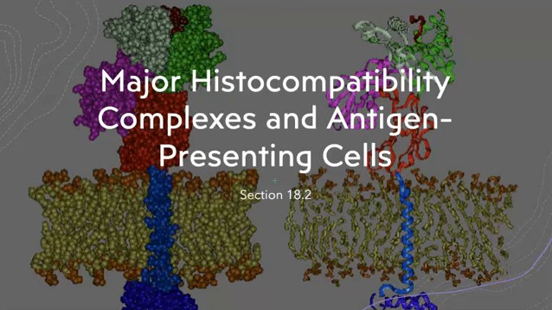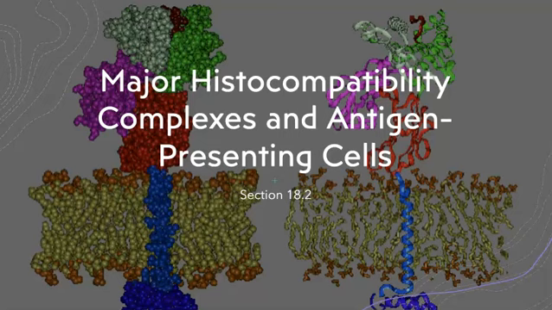Hello and welcome to our video lecture on section 18.2, where we will discuss major histocompatibility complexes and our antigen presenting cells. Now, these major histocompatibility complexes are going to be referred to as MHC molecules, and they're going to be expressed on the surface of our healthy cells, which helps identify them as being of our own body, of being a normal body cell, almost like an ID, like I belong to so-and-so's body.